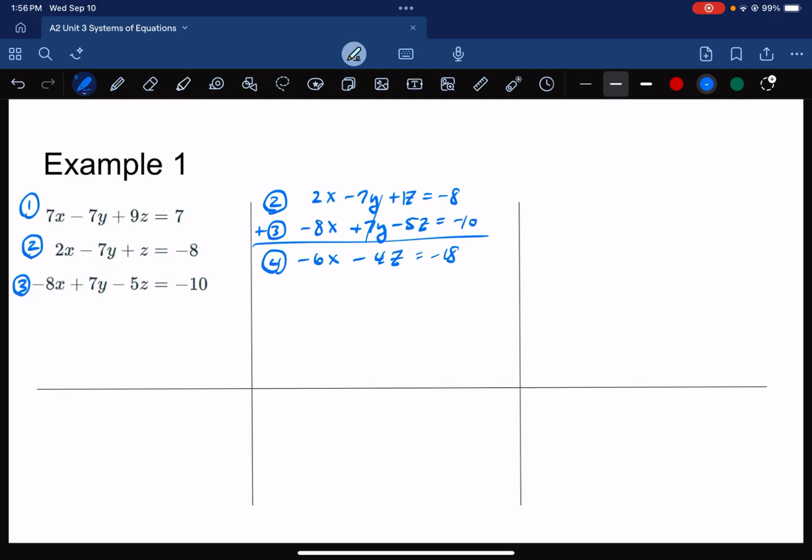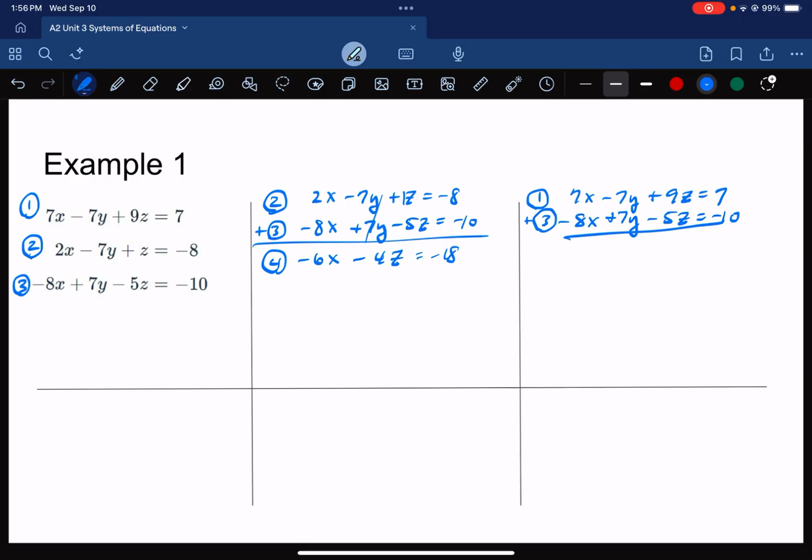All right. Now we're going to use equation 1 plus equation 3 because I already have opposites with y again. So I've got 7x minus 7y plus 9z equals 7, and then negative 8x plus 7y minus 5z equals negative 10.